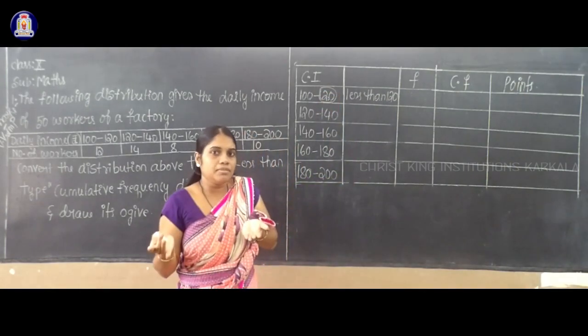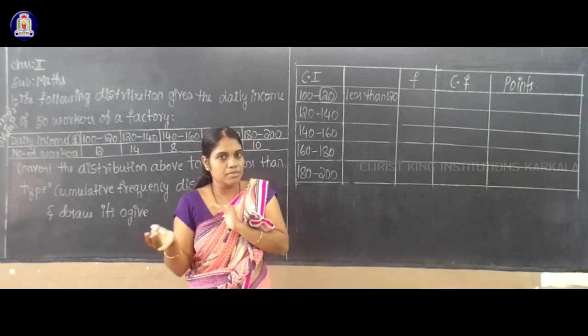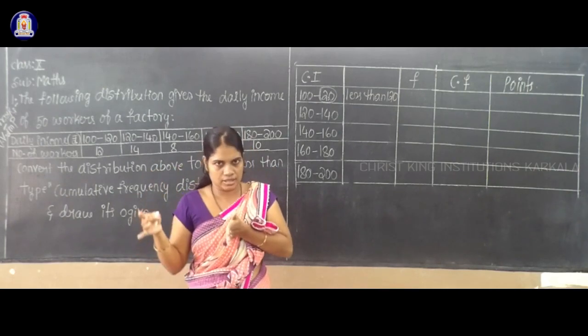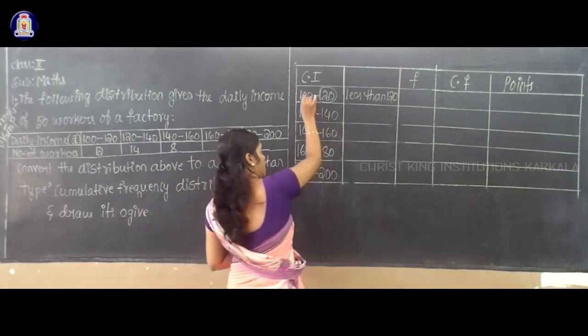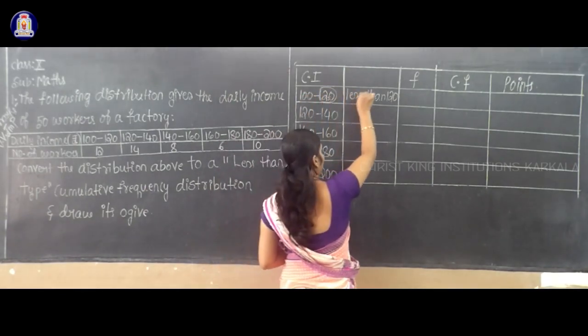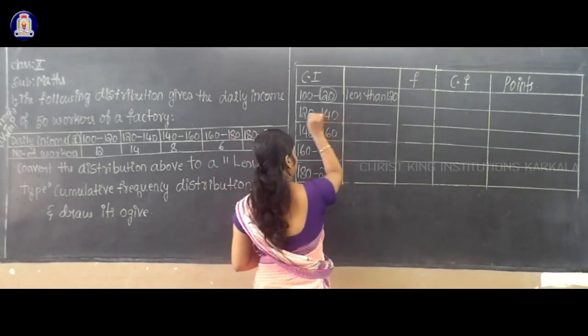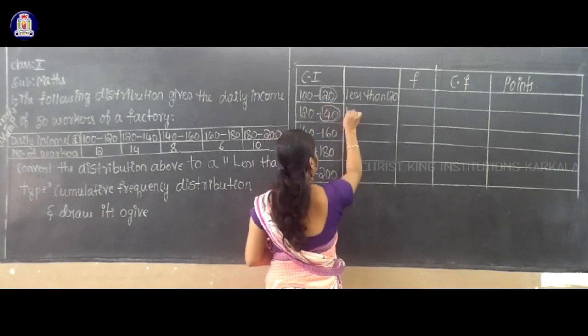Less than something means that something must be the largest, isn't it? So among these two, the largest one is 120. Therefore, less than 120.